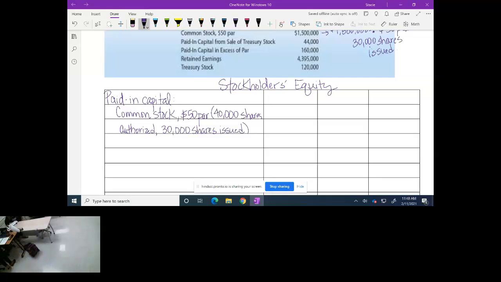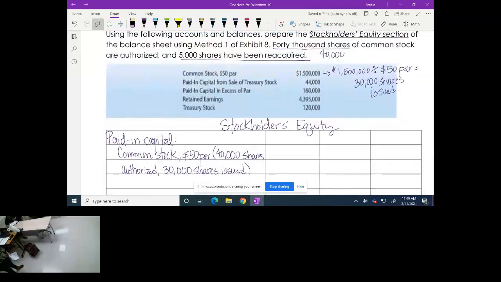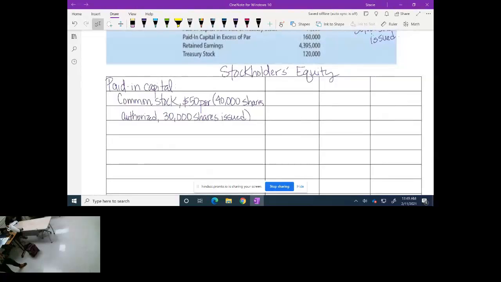Sold at some point, and they may not still be. There's a difference between issued and outstanding. Issued means at some point they were transferred to the hands of a shareholder. Outstanding means how many shares are right now in the hands of a shareholder. So you could take the 30,000 issued and subtract the 5,000 that have been reacquired, and that will tell you that you have 25,000 outstanding. That's when you would subtract if you were trying to figure out outstanding.